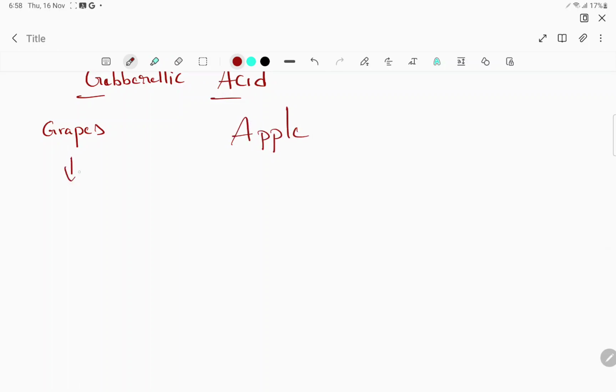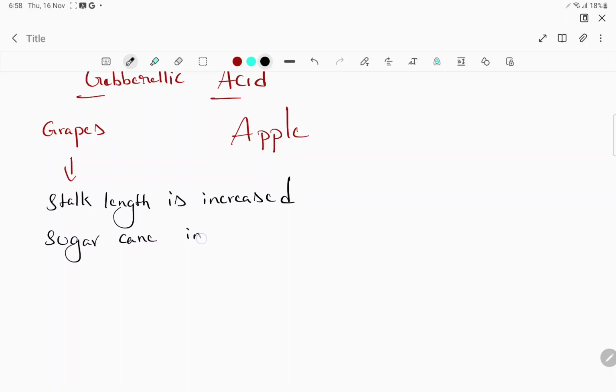Remember grapes. Stalk length is increased. Sugarcane, internodal length is increased. And here one more, C for conifers.